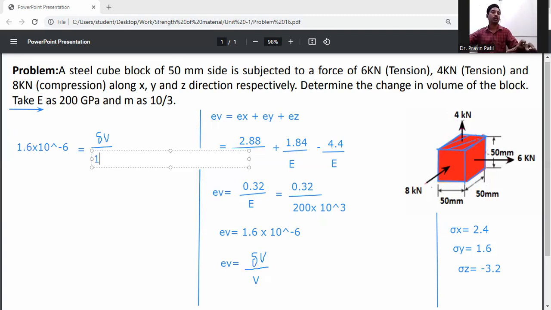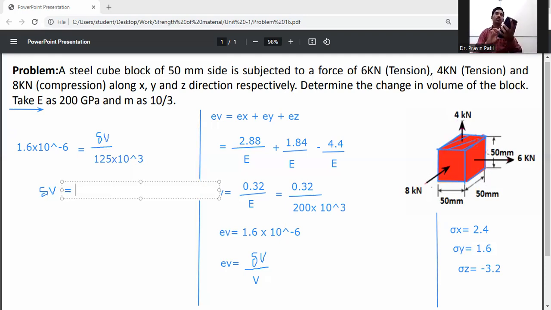So delta V is equal to 1.6 into 10 raised to the power minus 6 into 125 into 10 raised to the power 3. It will be 0.2 mm. So the change in volume will be 0.2 mm when you apply forces in X, Y, and Z direction.